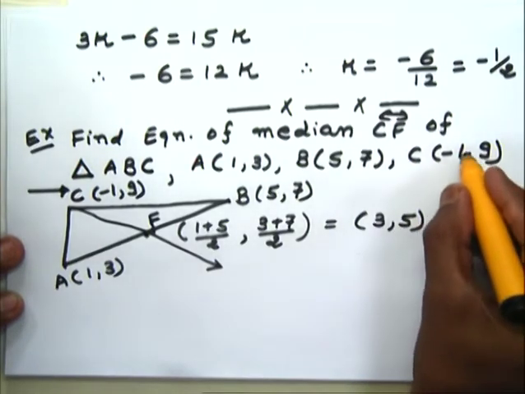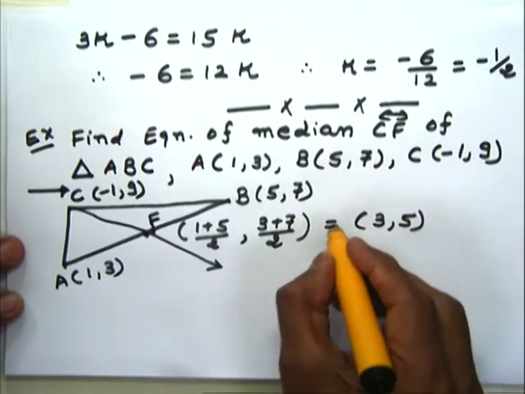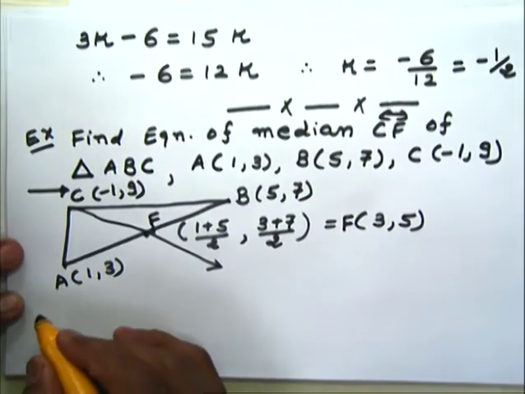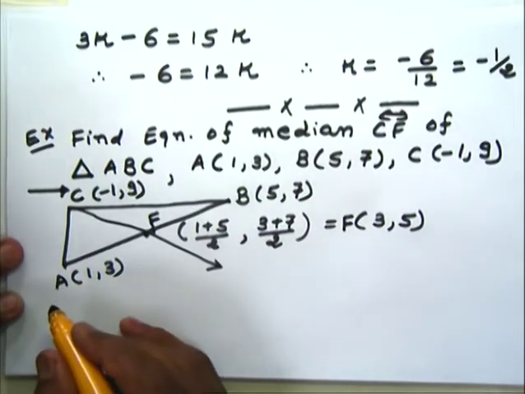So C has minus 1, 9. The midpoint of AB, namely F, has 3, 5.